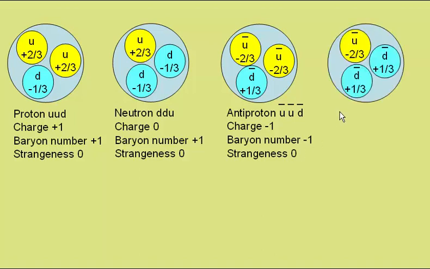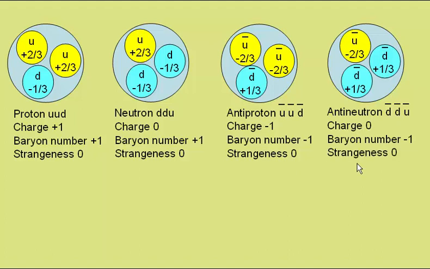And the final baryon, the antineutron, consisting of an anti-down, an anti-down, and anti-up. It still has a charge of 0, a baryon number of minus 1, and again a strangeness of 0. So, the proton and neutron are baryons, with a baryon number of +1. The antiproton and antineutron are antibaryons, with a baryon number of -1.